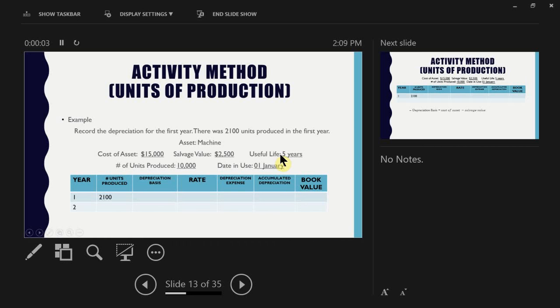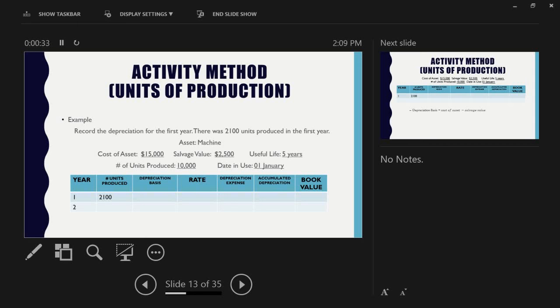Do you have all 5 components? The first component: do you have the asset cost? The cost of the asset. Yes, you do, it's 15,000. Second, do you have an estimated useful life or units produced? Yes, you have units produced of 10,000, and you even have the estimated useful life of 5 years.